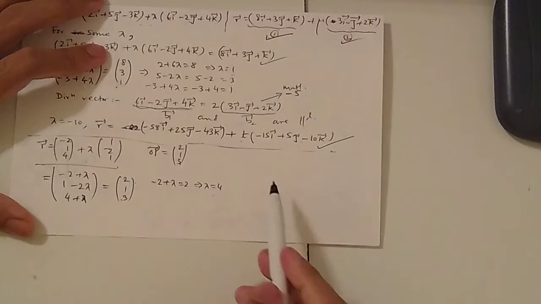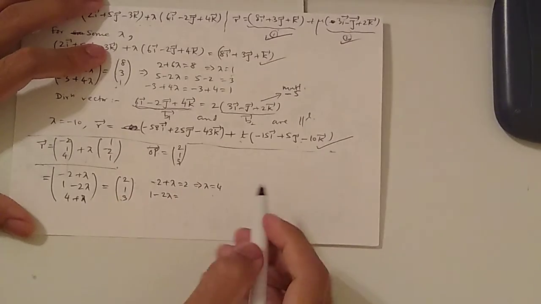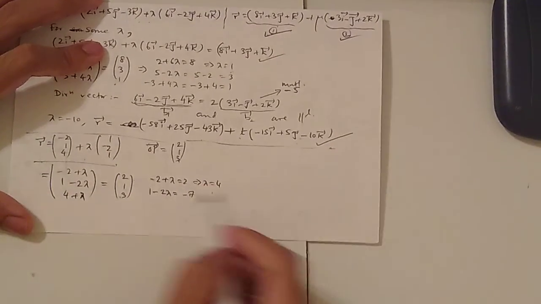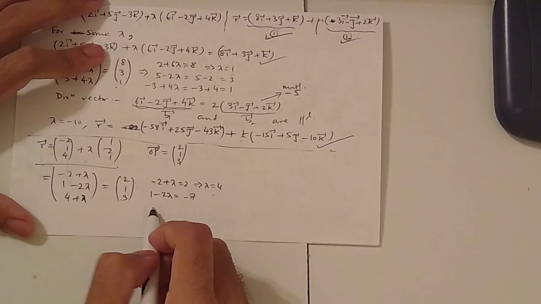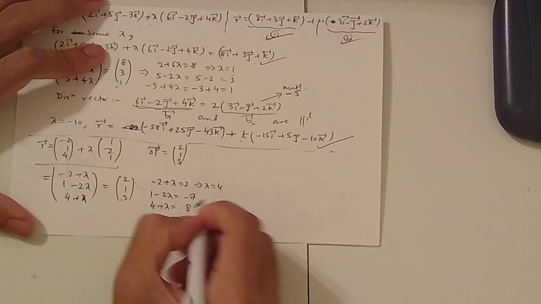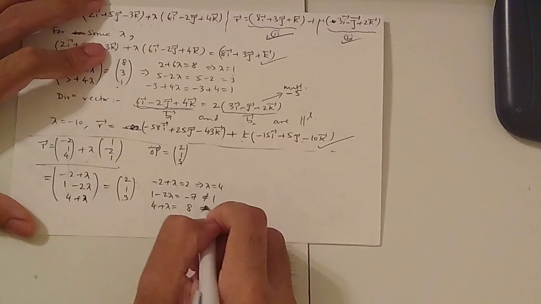Does 4 satisfy the other two equations? In the second equation you get 1 minus 2 lambda is equal to 1 minus 8, which is equal to minus 7, and in the very last equation, you get 4 plus lambda is equal to 4 plus 4, which equals 8. Minus 7 is not equal to 1, and 8 is not equal to 3.